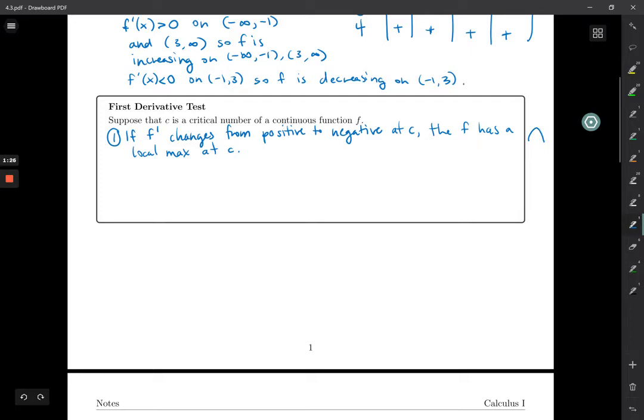And so if we draw a little sketch of what that would look like, notice that we would have a local max. So that's how I remember these conditions.